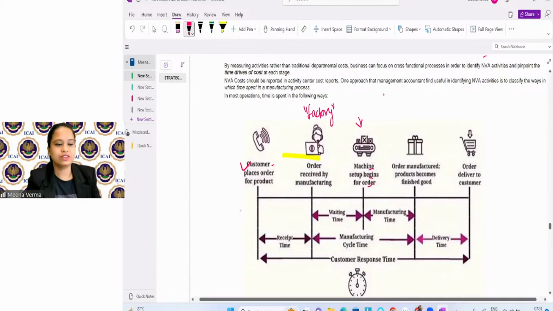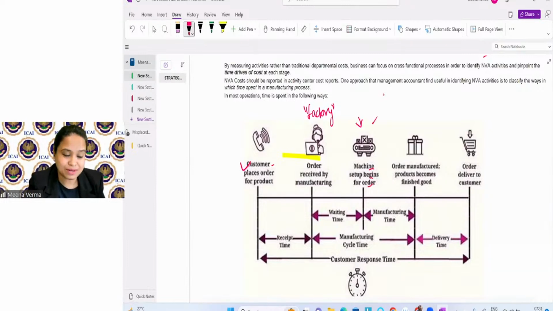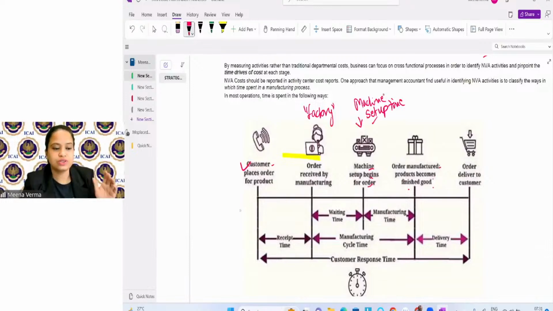Machine setup time is required. Then the order is manufactured and the product becomes a finished product. After the manufacturing, you will get the final product, the finished good. Then the order is delivered to the customer.